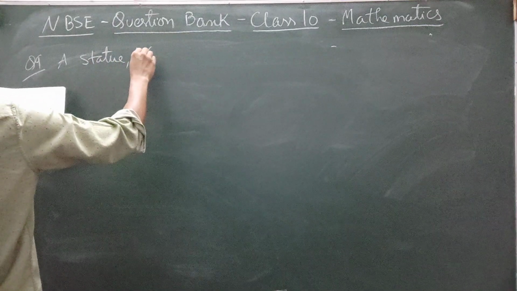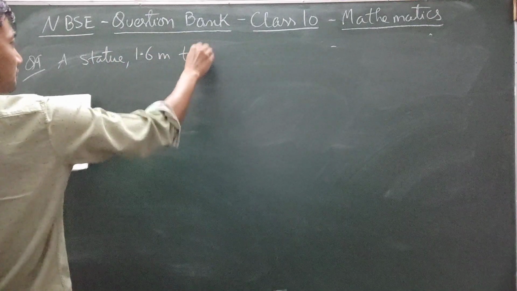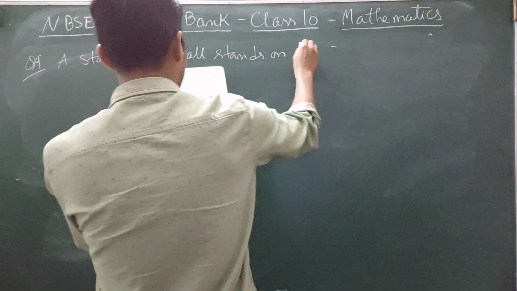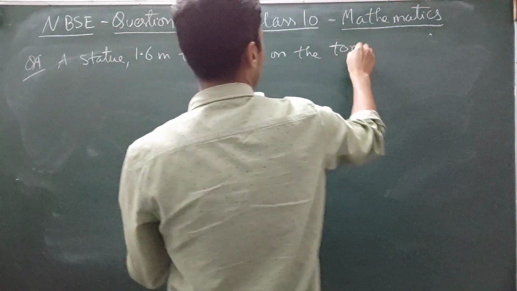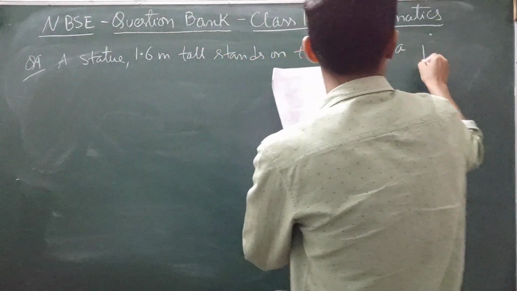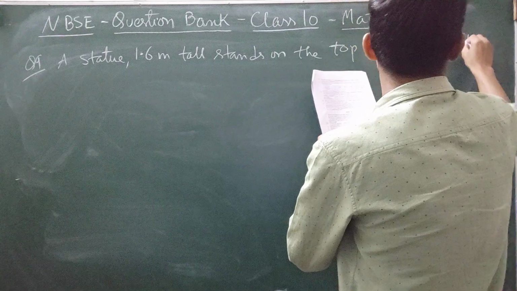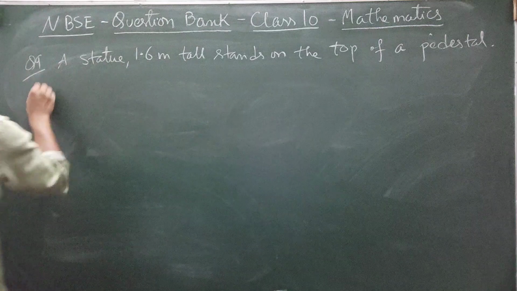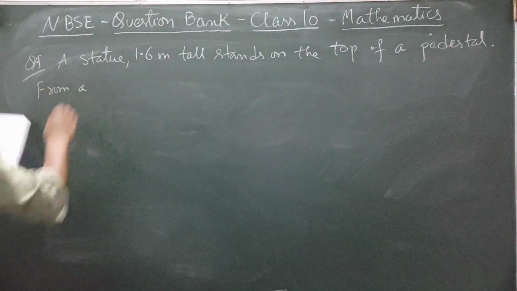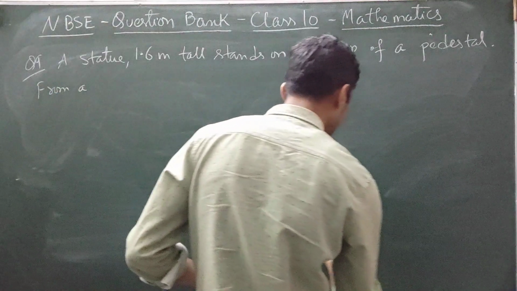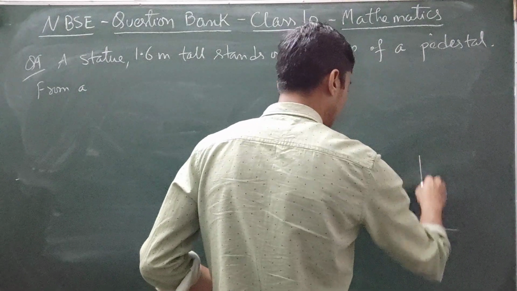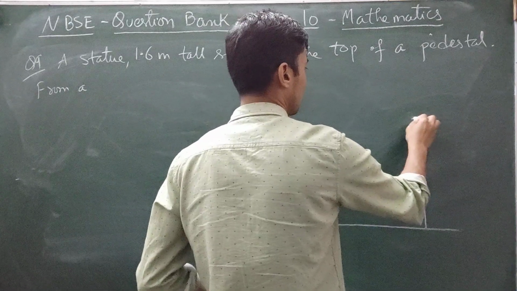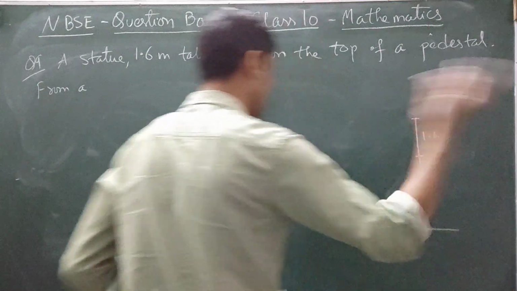A statue 1.6 meter tall stands on the top of a pedestal. Pedestal means stand. So if this is a level ground, and this is a pedestal stand, then the statue stands on this, 1.6.